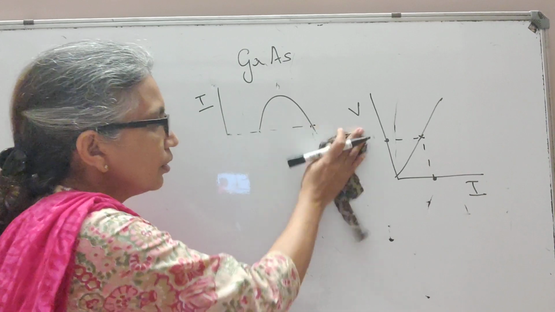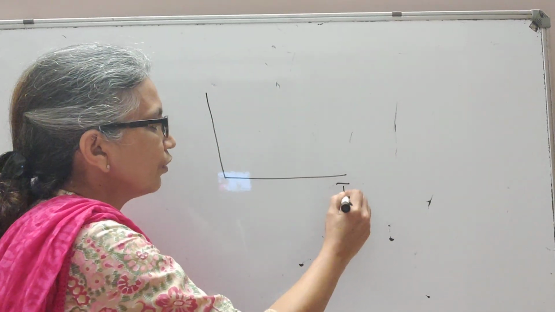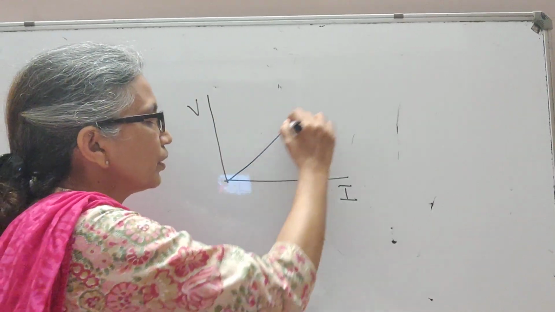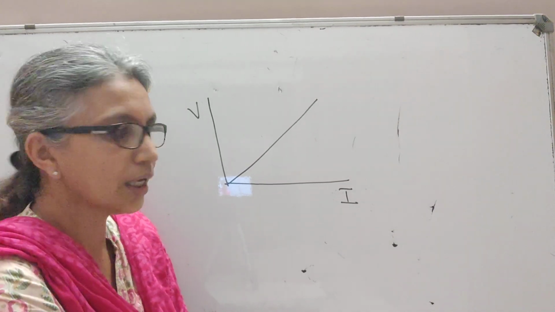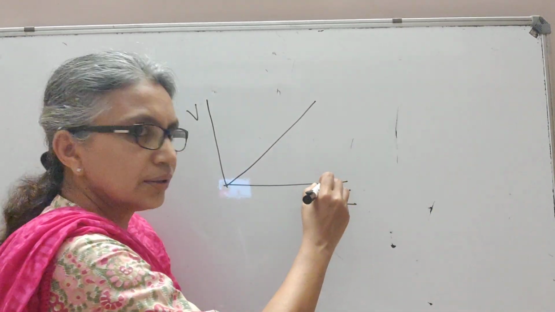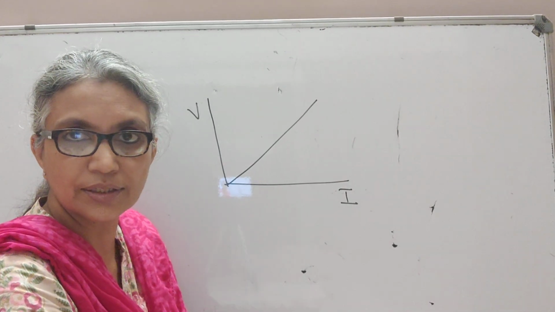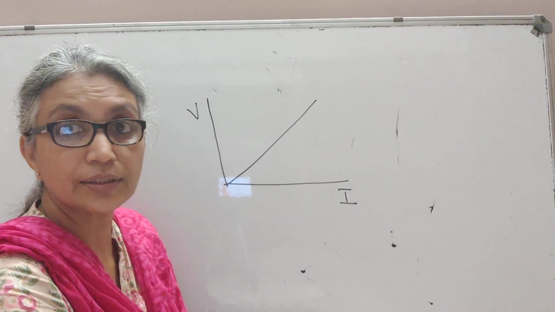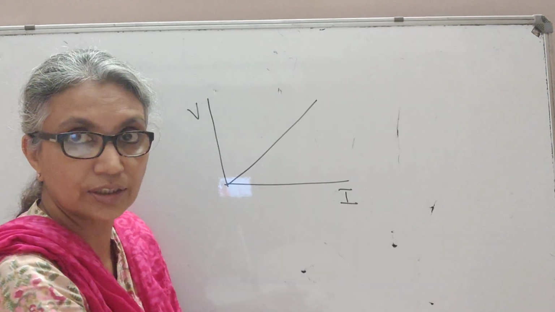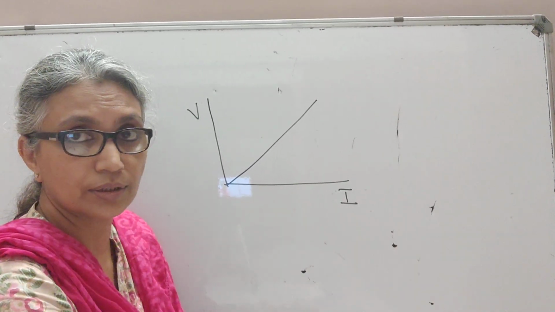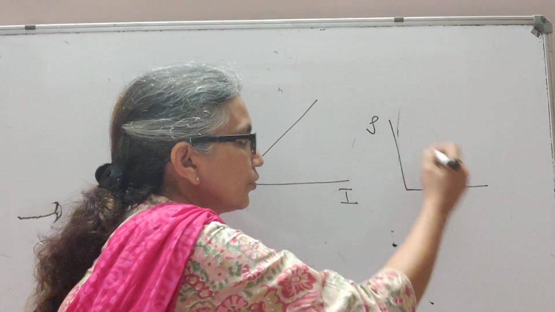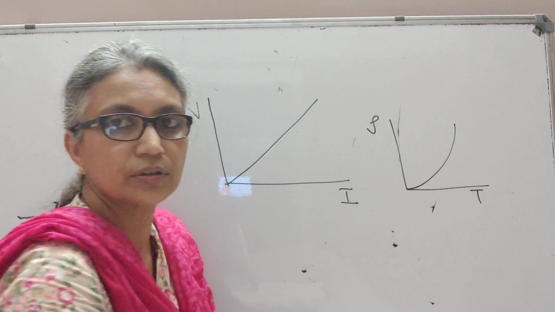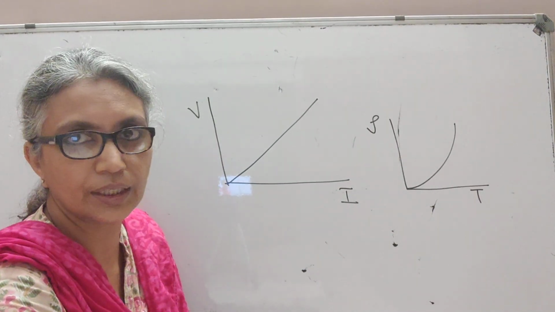The third limitation of Ohm's law is, if you have the VI graph, you expect all materials to have a straight line, slope given by the resistance. But you will see, as you increase the current, the resistor starts getting heated up, and as the temperature changes, resistivity changes. I just showed you that for all conductors, there is a change in resistivity. We saw the resistivity versus temperature graph like this, based on the formula m by ne squared tau.